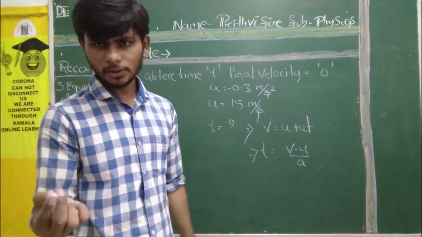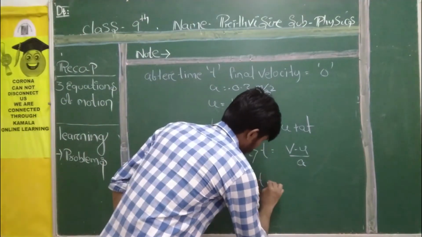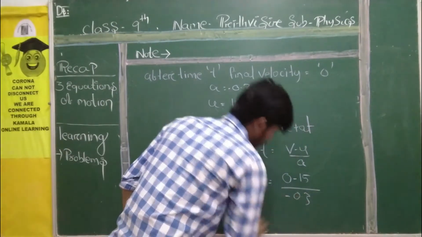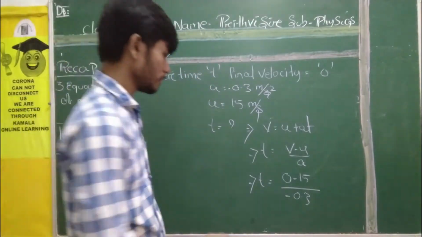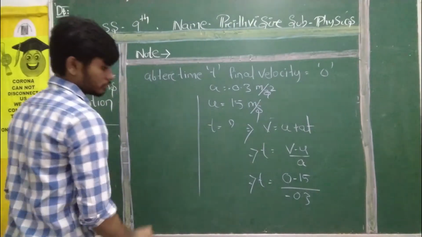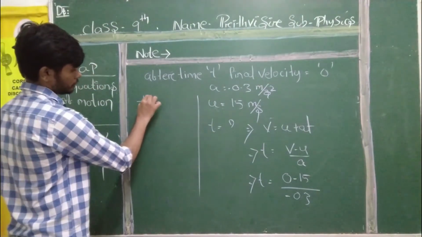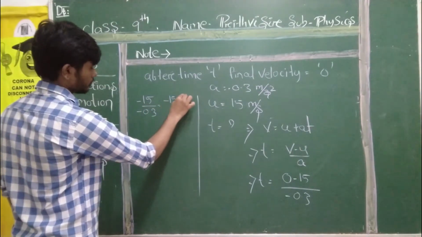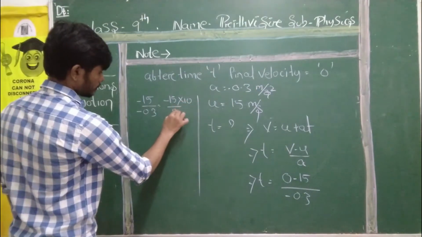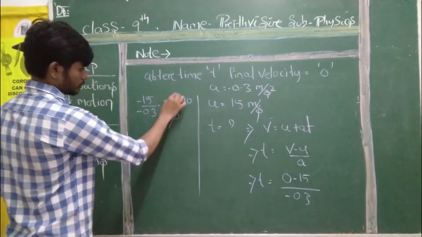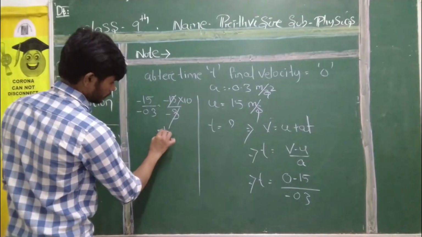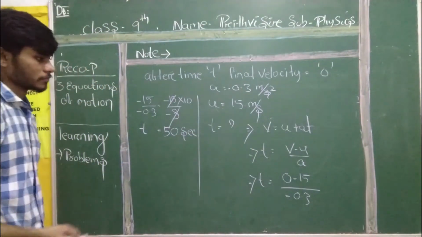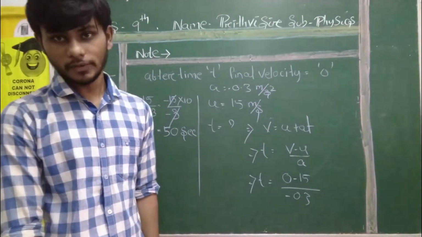How? v is equal to 0. So t is equal to how much, students? 50 seconds.